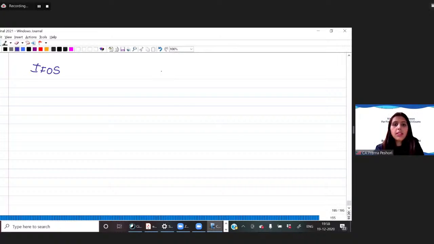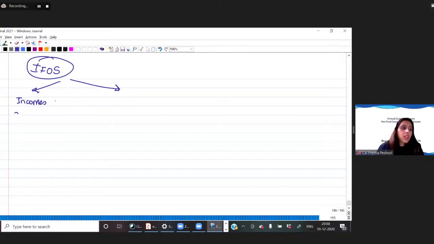Okay, so let's start income from other sources. Now, income from other sources could be divided into two segments. One is income always taxed under EFOS because this is a residual head.